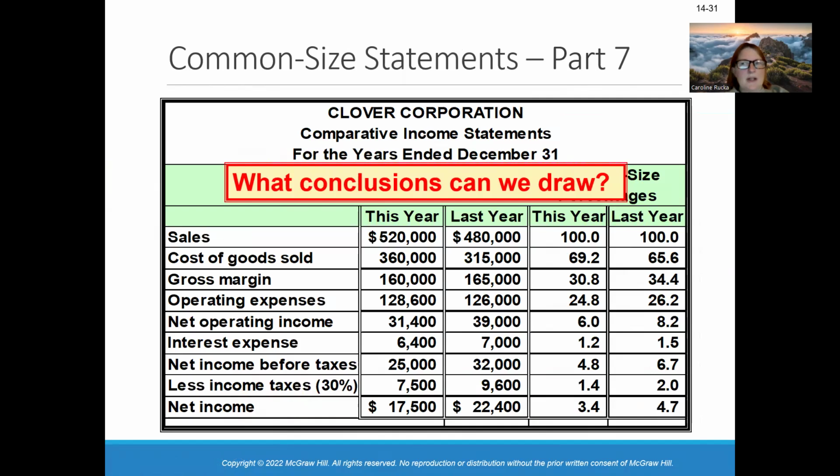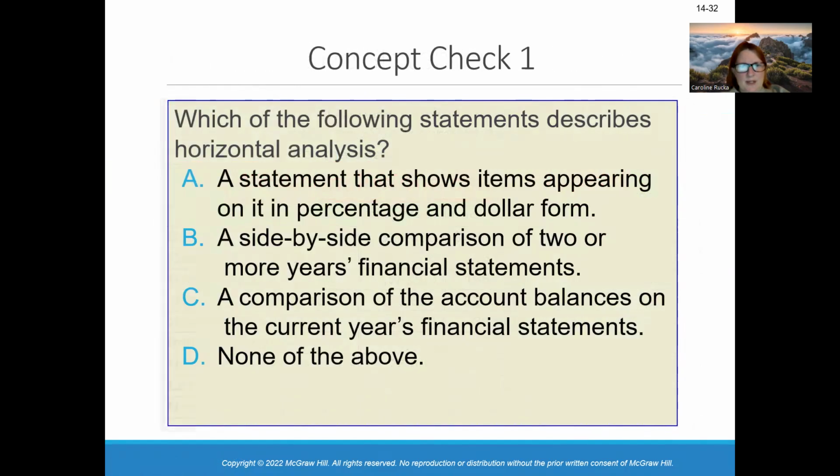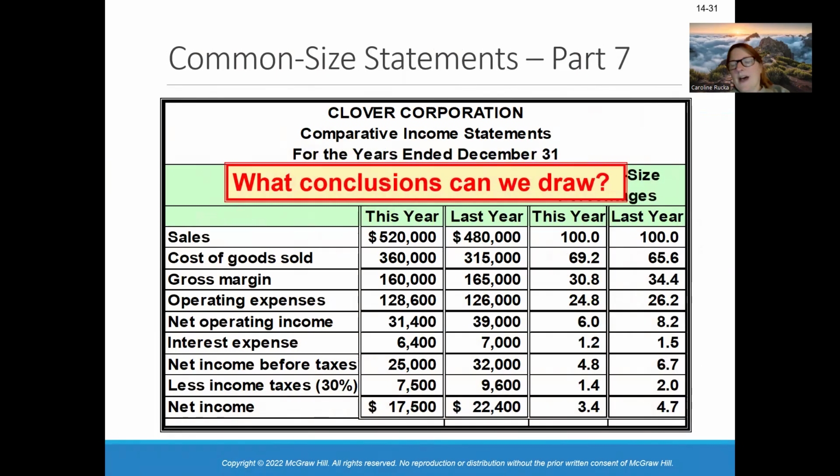So what conclusion can we draw from this? That a large portion of our profits are being taken up by these operating expenses. This could be an area where we could lower costs to increase our net income.